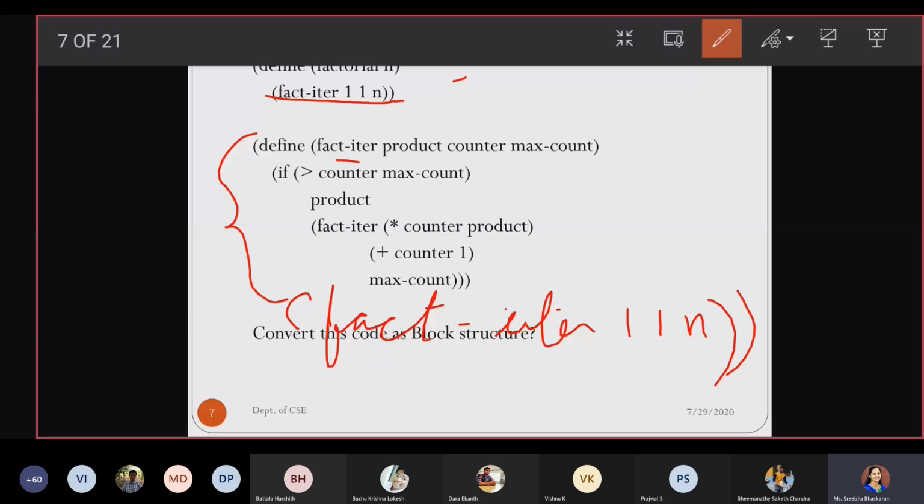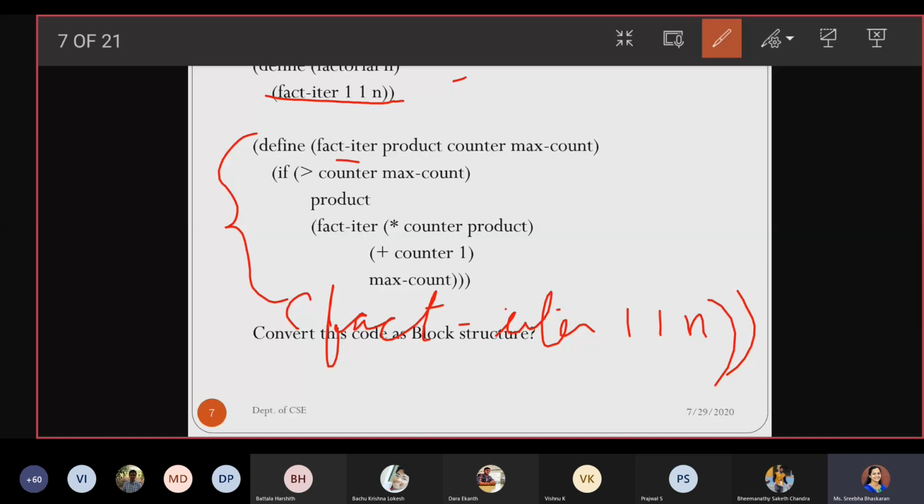When it comes to execution, what happens? The first time you call fact 5, where does the control go? Control doesn't come to the definition. For the control to come to the definition, you have to call that procedure. So it will come to fact ITR 1, 1, where the value of n is 5, and you will call this fact ITR procedure. The point here is that the fact ITR procedure can be called only by this factorial procedure.